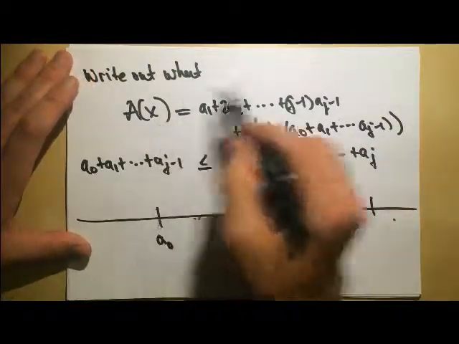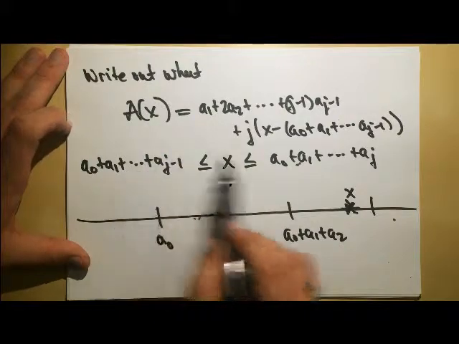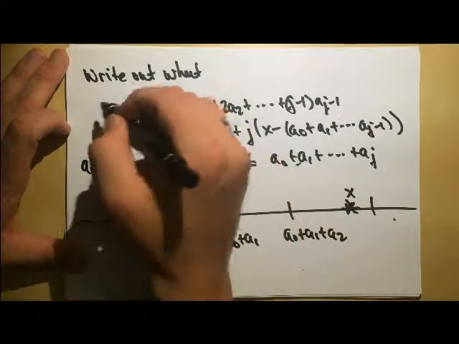So this is actually what the function looks like for x once we figure out where x lands. And we can write this out.